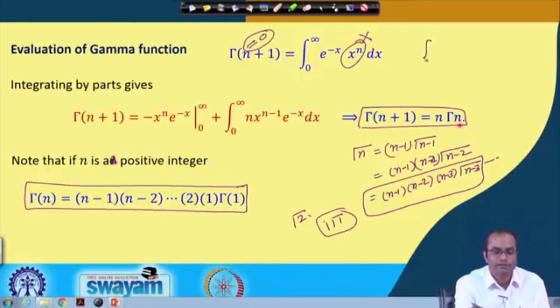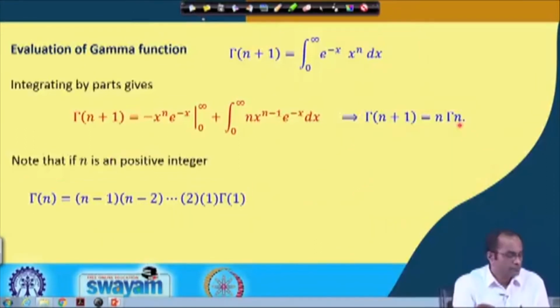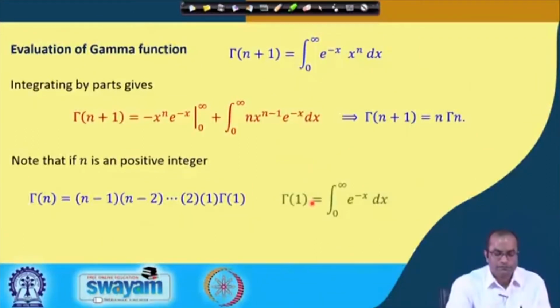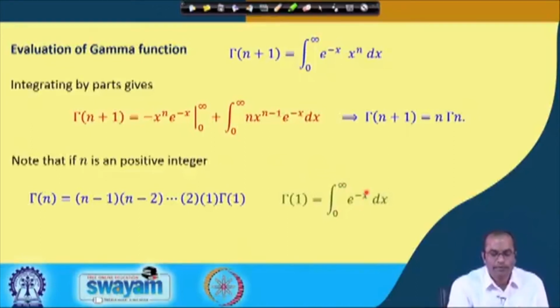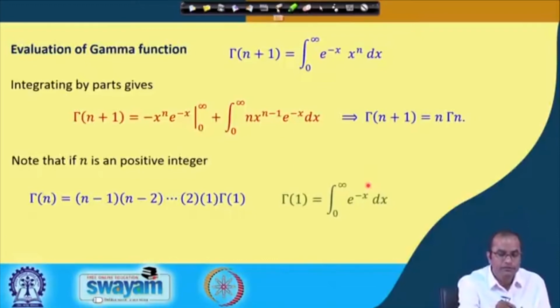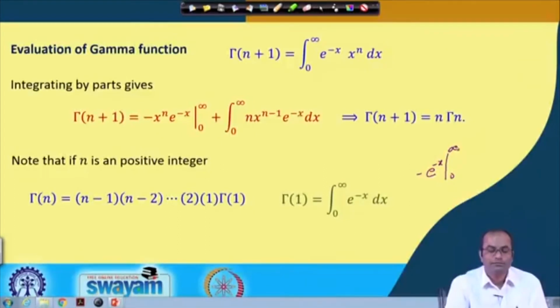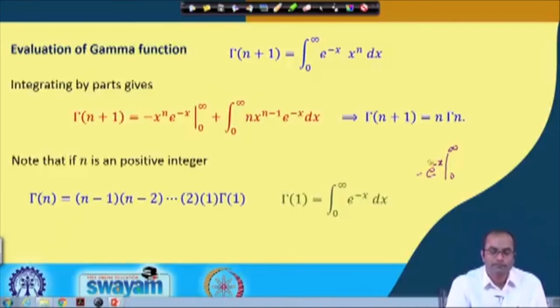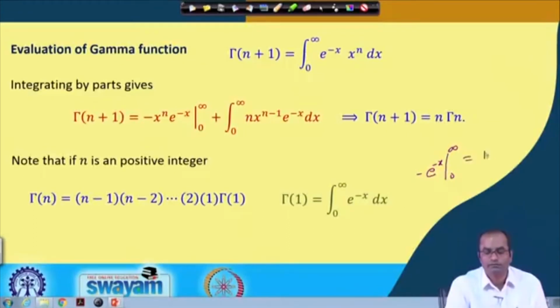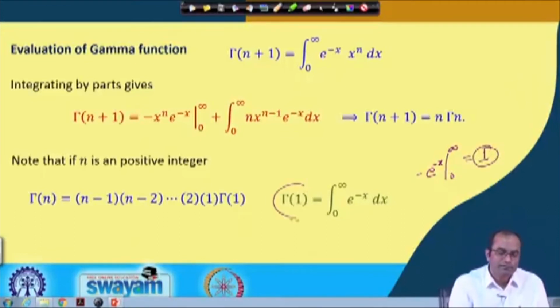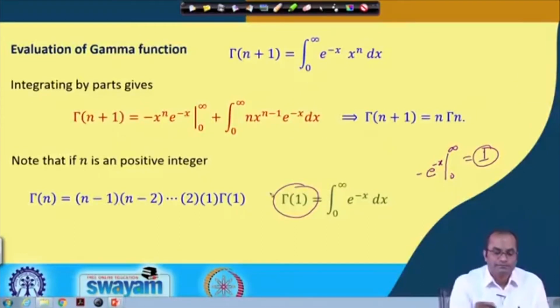So, we have simply the integral from 0 to infinity e power minus x dx, that is gamma 1, and this integral we can evaluate easily, because the integral of exponential minus x is minus exponential x, with the limits 0 to infinity. When x approaches infinity, we get 0, and minus minus plus, with x approaching 0, we get 1. So, this will be 1.